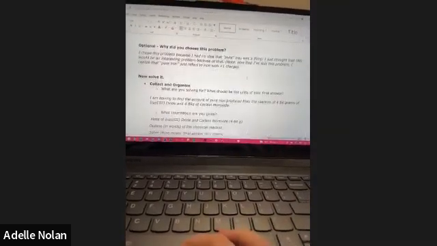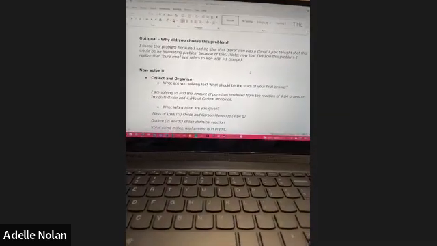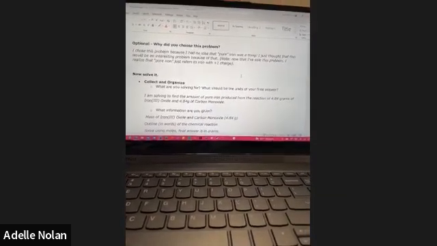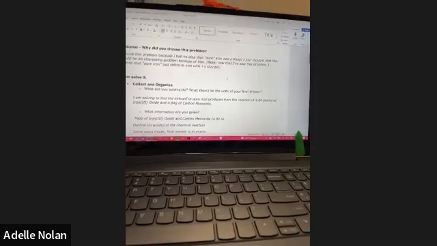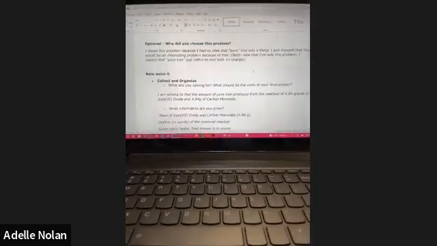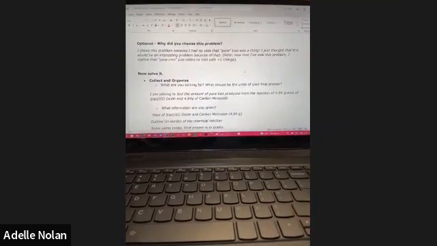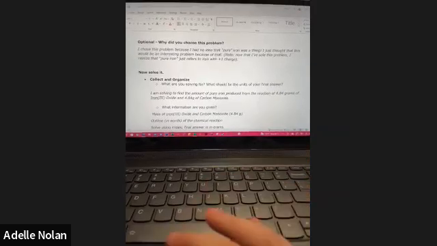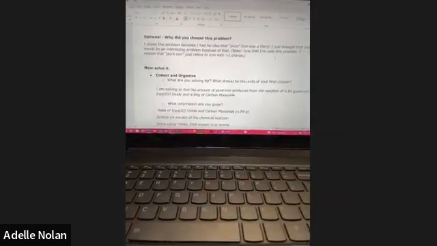Okay, so I picked this problem because the pure iron caught my eye. At the time when I first picked that, I thought that pure iron was different than just iron. So I chose this problem because I had no idea that pure iron was a thing.